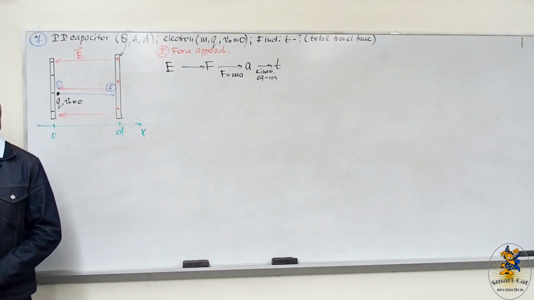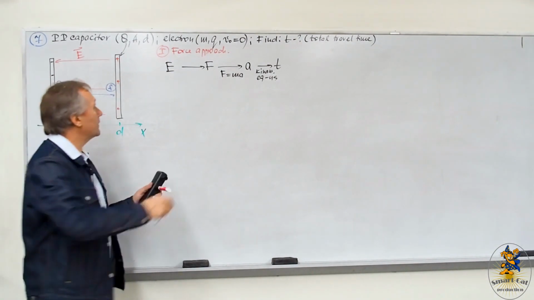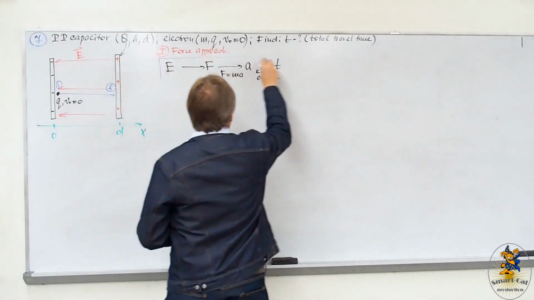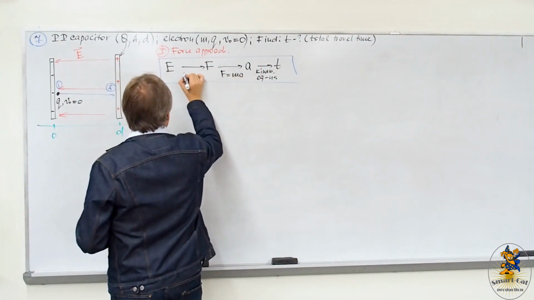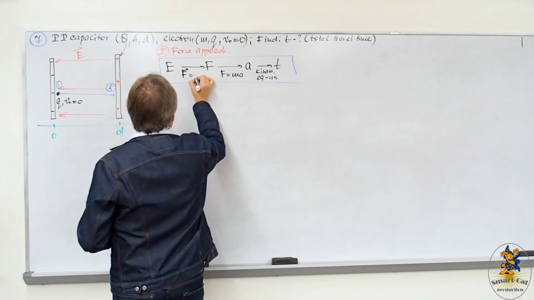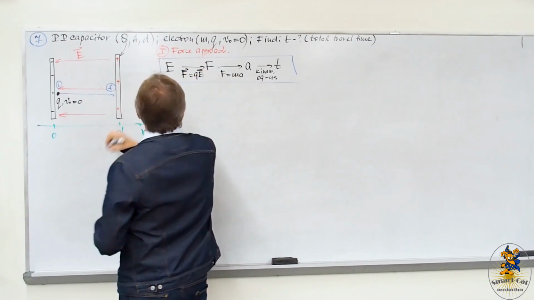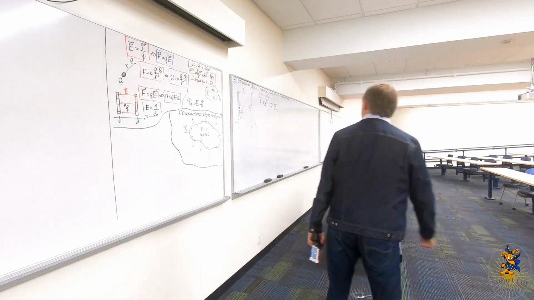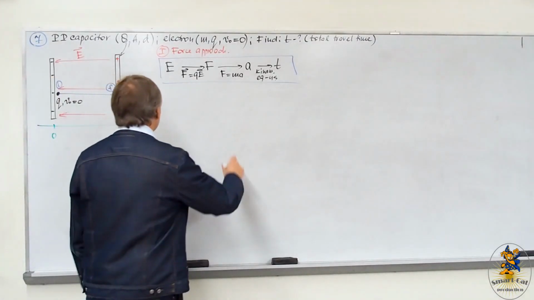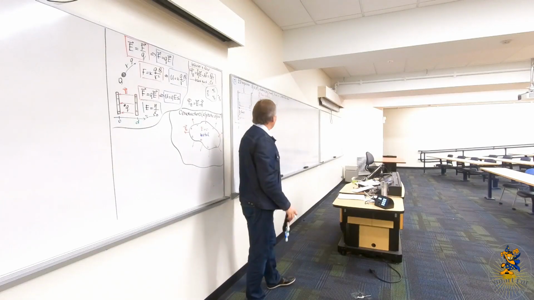So that's the skeleton of the solution. Now we just need to carefully go through these steps. Of course, the formula which connects force and the electric field is QE. And I want to be careful.